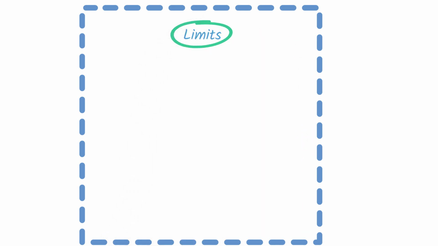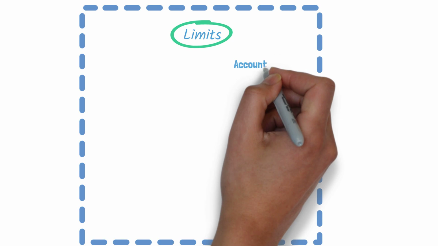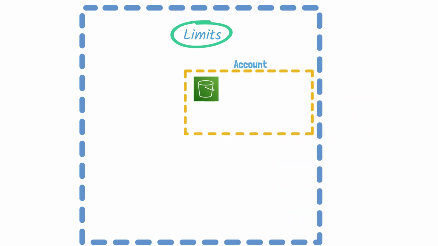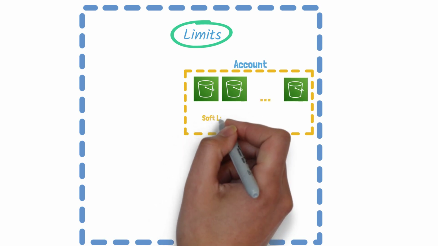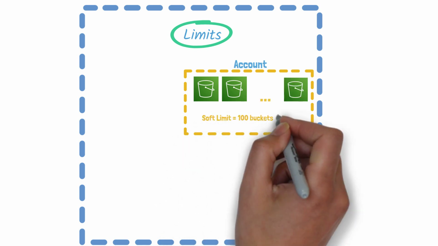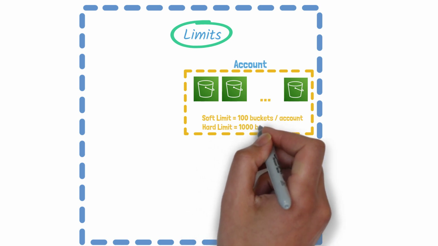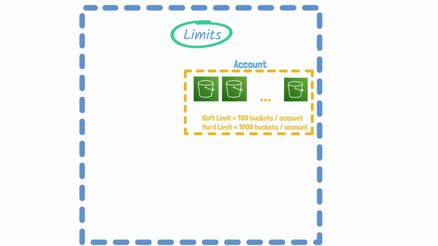Limits. Resources are available in the cloud when you need them. However, certain limits are imposed on the services that you need to account for while architecting. Some are soft limits and can be easily increased by contacting AWS customer service, while others are hard limits that need to be considered during the design phase.